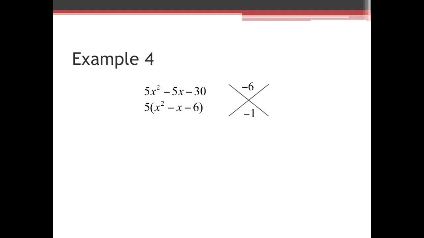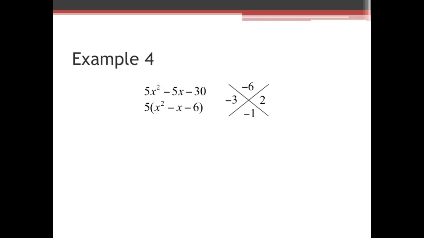Okay, so 1 and 6, so negative 6 and positive 1, that's going to give us negative 5, so that doesn't work. Let's try 2 and 3. Well, if we have a negative 3 and a positive 2, that will multiply to negative 6 and add to negative 1. So it looks like those are our two numbers, negative 3 and positive 2.